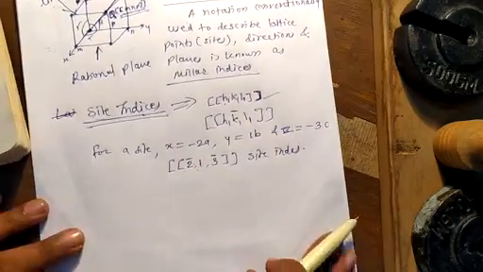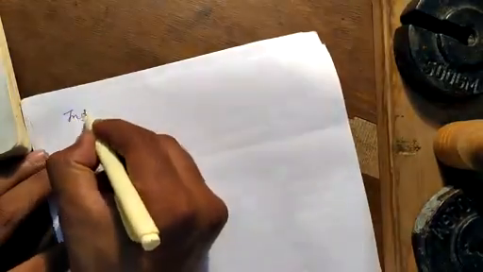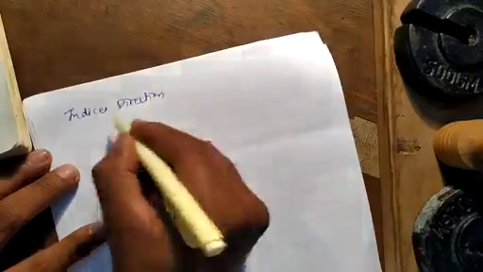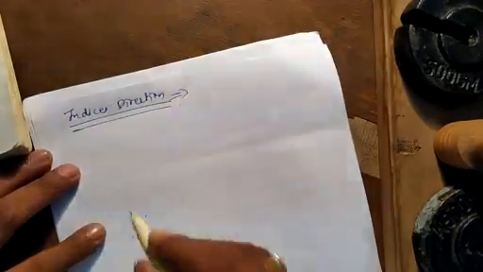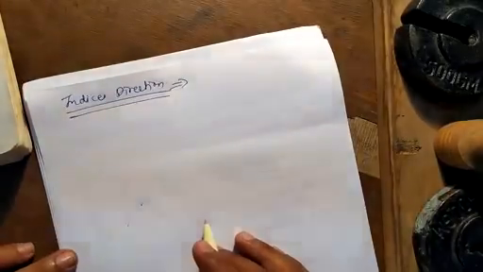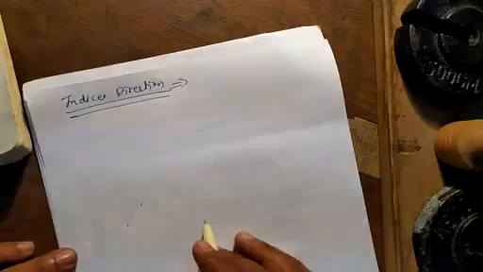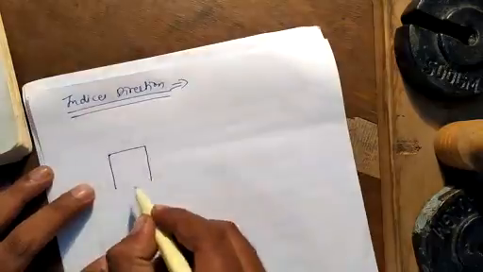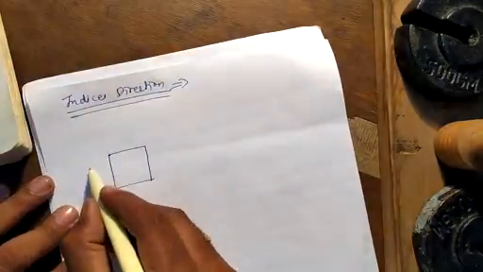Similarly, the indices of direction. To describe the direction in a crystal lattice, a straight line passing through an origin is chosen. Suppose we have a cubic crystal, for our simplicity.